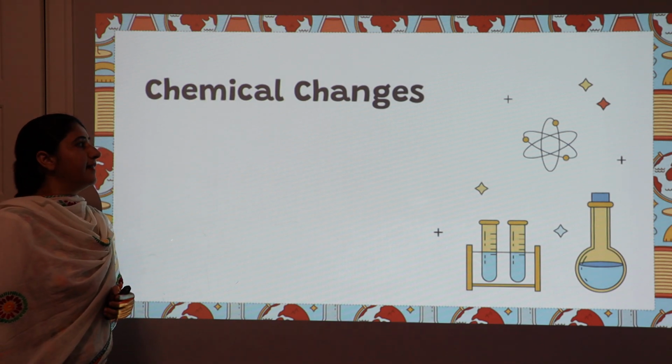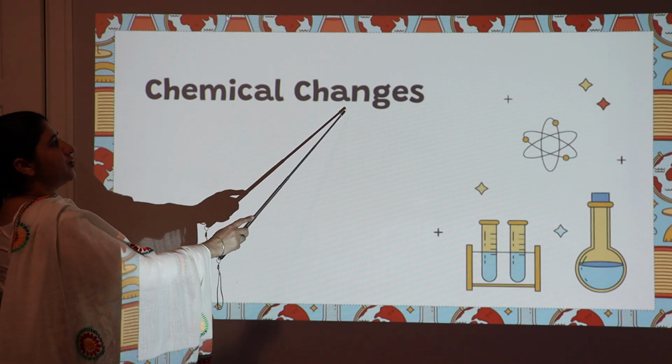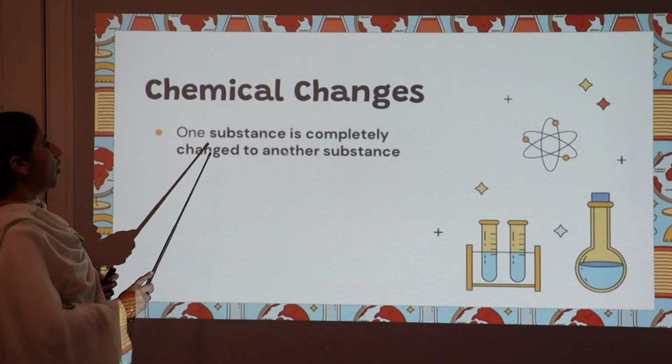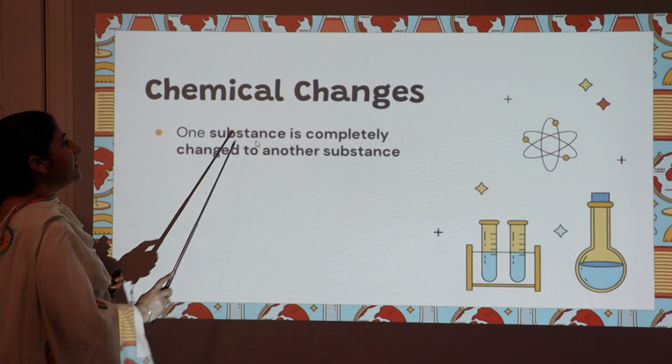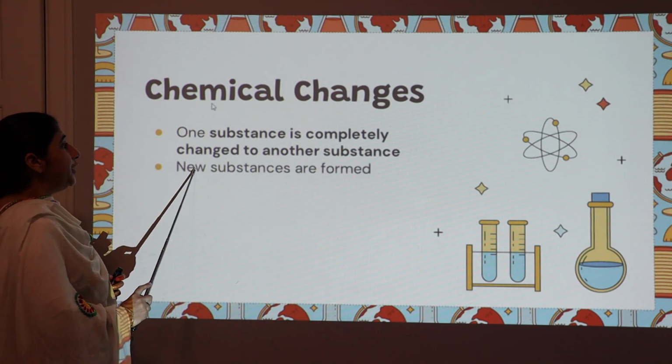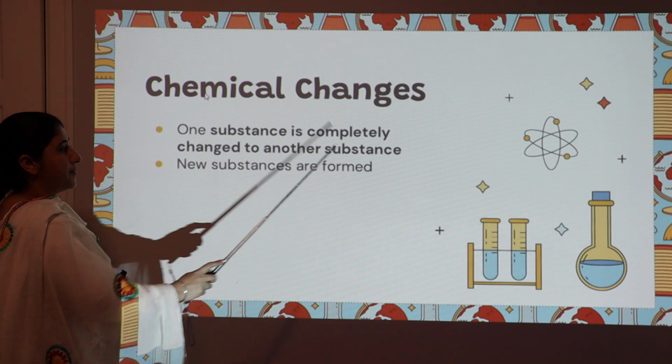The next one is, what are chemical changes? Chemical changes are those changes in which one substance is completely changed into another, and new substances are formed.